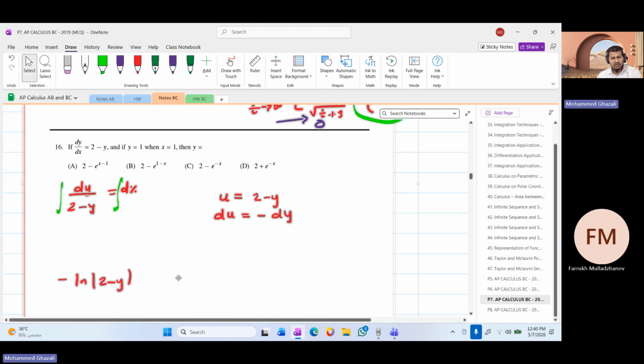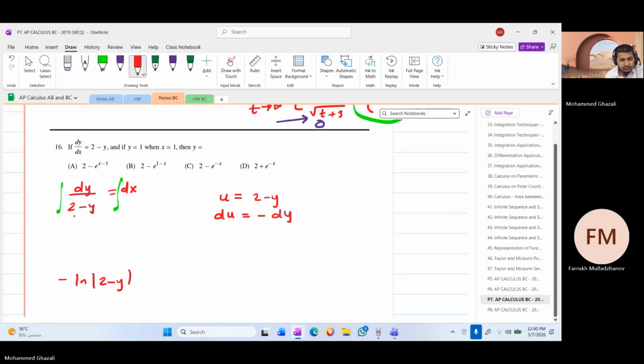If you convert the integral on this side to du, it is basically negative du over u is equal to the integral of 1 dx, which is just x plus c.